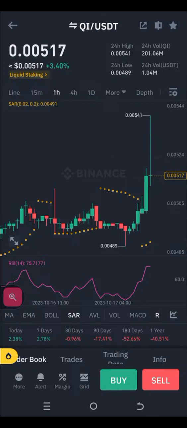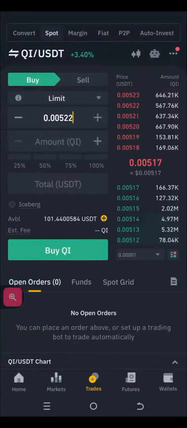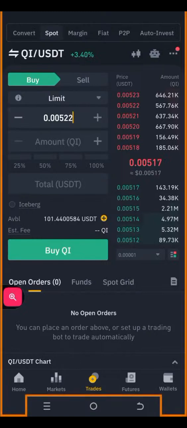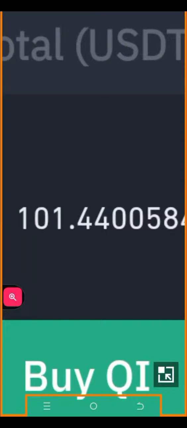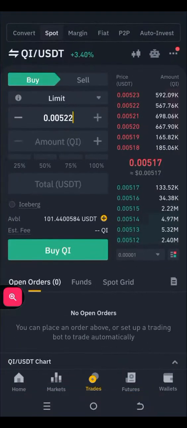But BTC has recovered a little bit. Look at QI USDT. Look at it. We made, how much did we make? $1.44. Wow. Of course, it was $1.54, but we had to pay 10 cents for fees. So now we're left with $1.44. Good one.